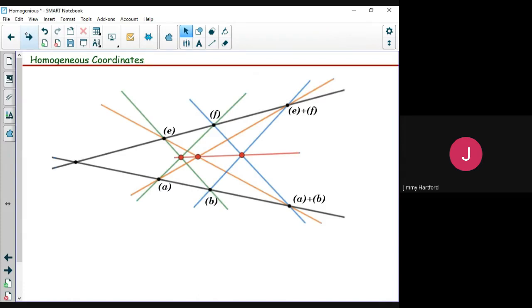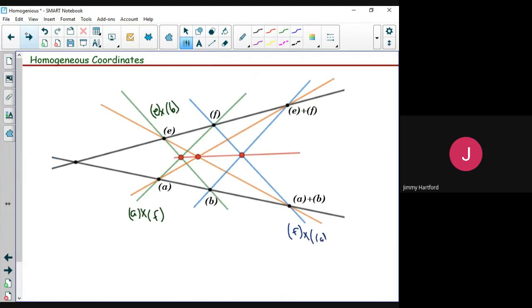Then to find the side that connects A and F, we're just going to cross A with F. The side that connects E and B is going to be E cross B. If I want to do this side here, that's going to be F cross (A plus B).